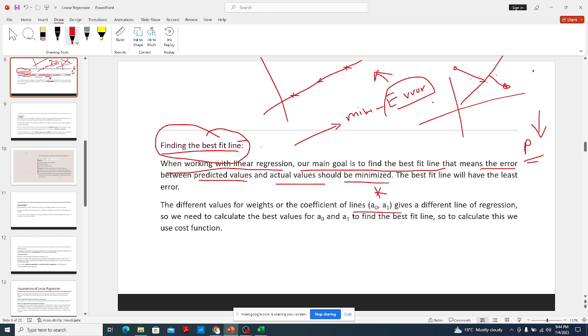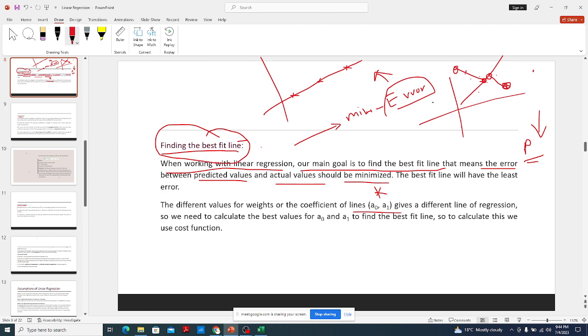What I'm trying to say is that it is the distance of the data points to the regression line. The more the distance is minimal, the more accurate and reliable our model is.